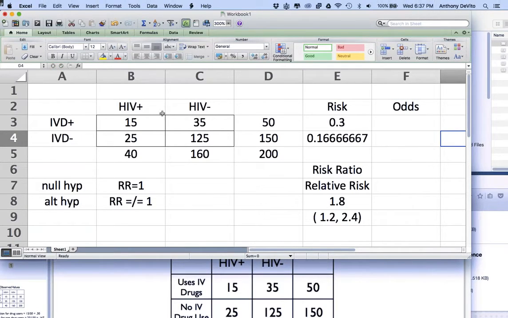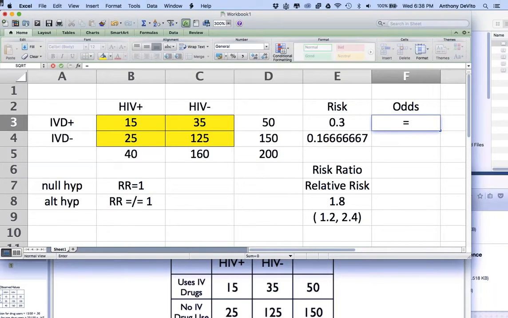Okay, so let's take a look. This is the area that we're interested in right here. What are the odds, if you're an IV drug user, of your being HIV positive? Well, it's going to be 15 over 35. 15 of the people have HIV that are IV drug users, 35 don't.